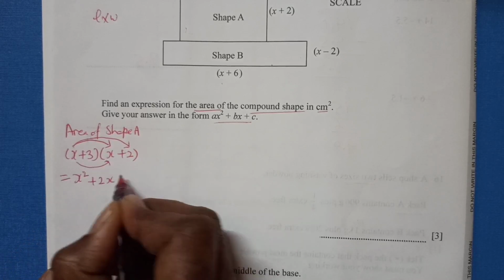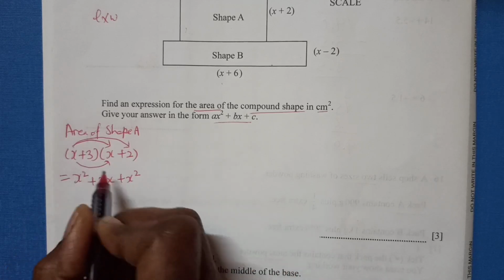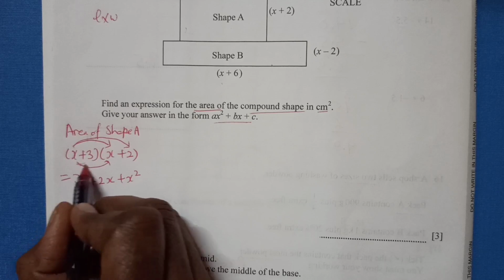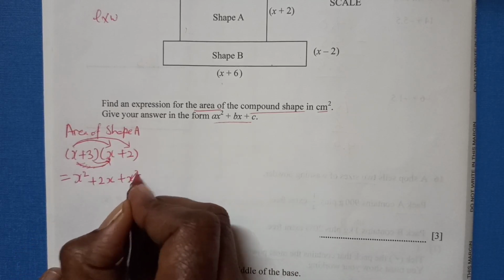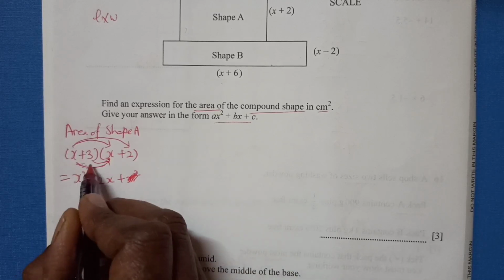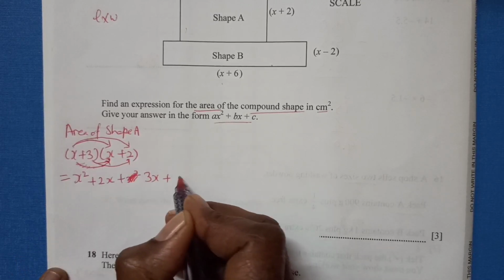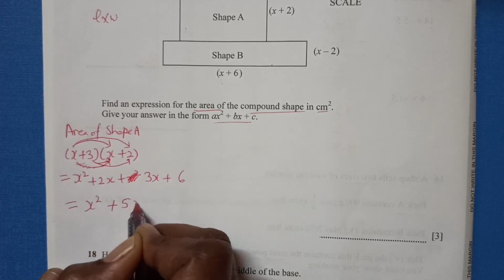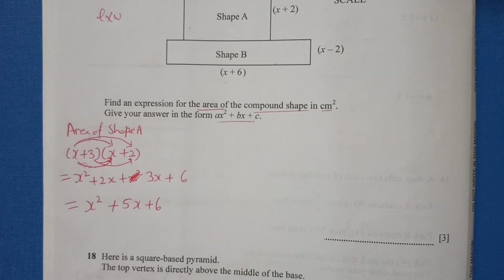Now 3 times x is 3x, then 3 times 2 is 6. So the total will be x squared plus 5x plus 6. This is the area of shape A.